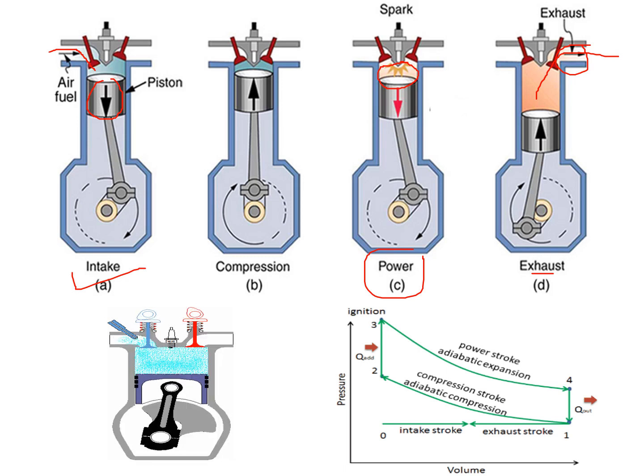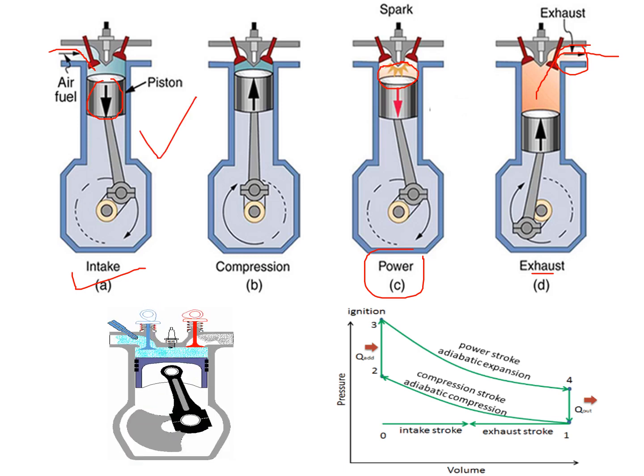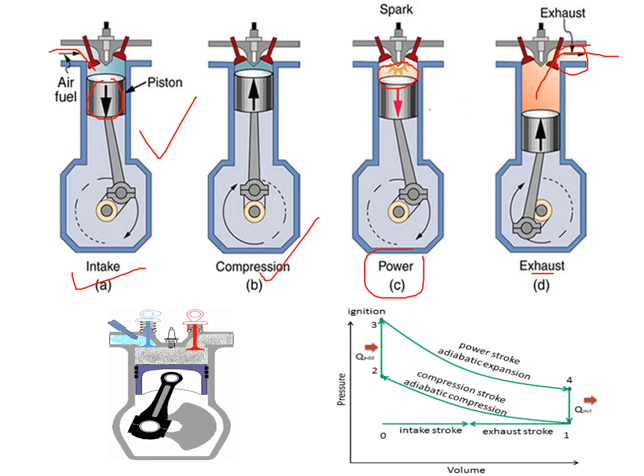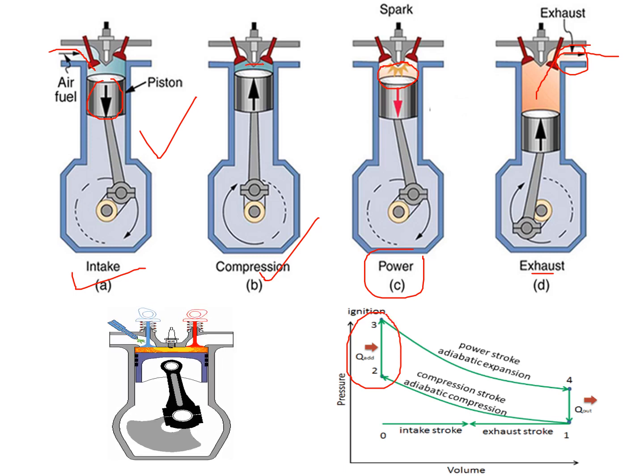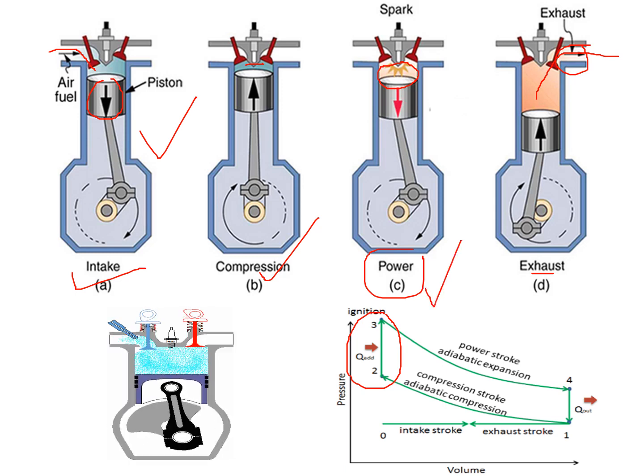So 0 to 1, that is the suction or intake. 1 to 2, that is the compression. 2 to 3, this is just at the end of the compression where the spark takes place and we have the combustion. So that is a very intermittent phenomenon. Then 3 to 4, this is the power or expansion stroke.